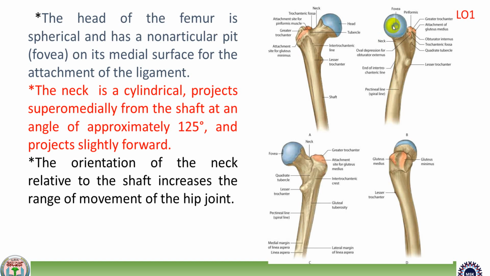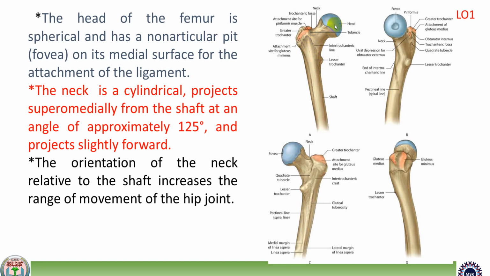In the center of the head there is a non-articular part that we call the fovea capitis, which is for the attachment of the ligament of the head of the femur. We also have the neck of the femur, which is cylindrical in shape. It has an angle with the shaft of the femur in both the anteroposterior plane and the lateral plane.